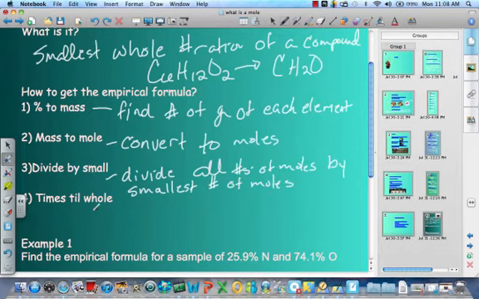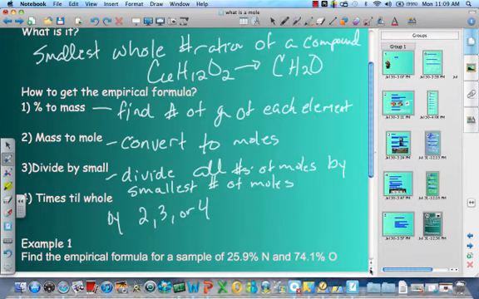Okay, times to whole. If you get a number like 0.5, 0.33, 0.66, those are not whole numbers. You need to multiply by 2, 3, or 4 till you get whole numbers. If they're already whole, leave them alone.